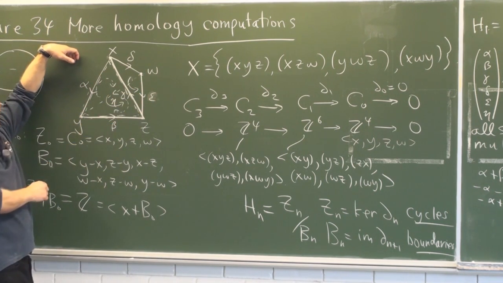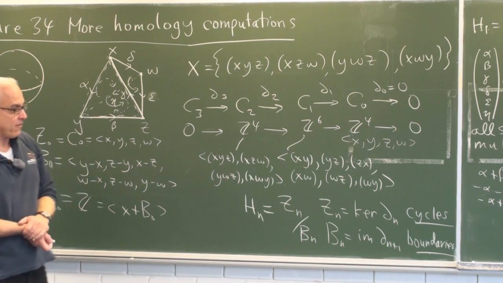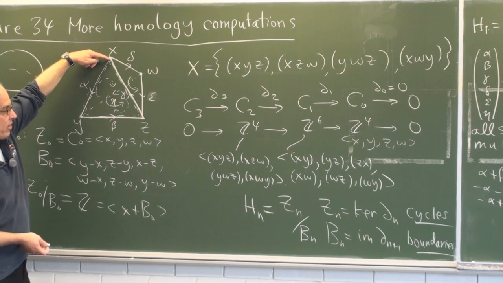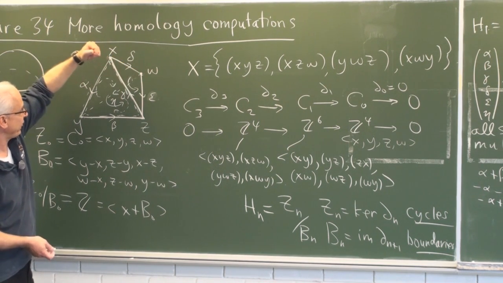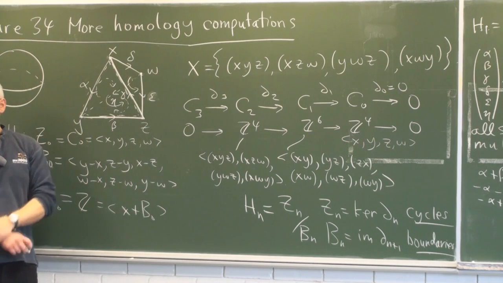That's also a cycle, with 4 edges. And finally, minus alpha plus delta plus eta corresponds to that triangular face at the back.